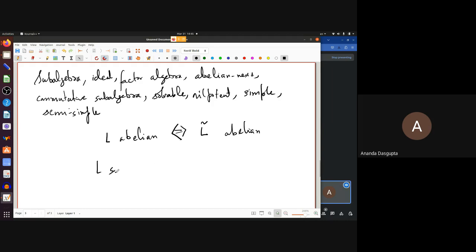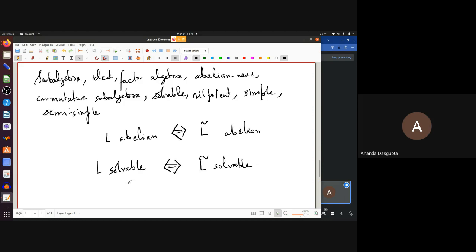So what about solvability? If L is solvable, what does that tell you about solvability of L tilde? This takes a bit of thought, so I will urge you to think of a proof of this. It's pretty straightforward. Just go by the definition. Actually, it works both ways again.